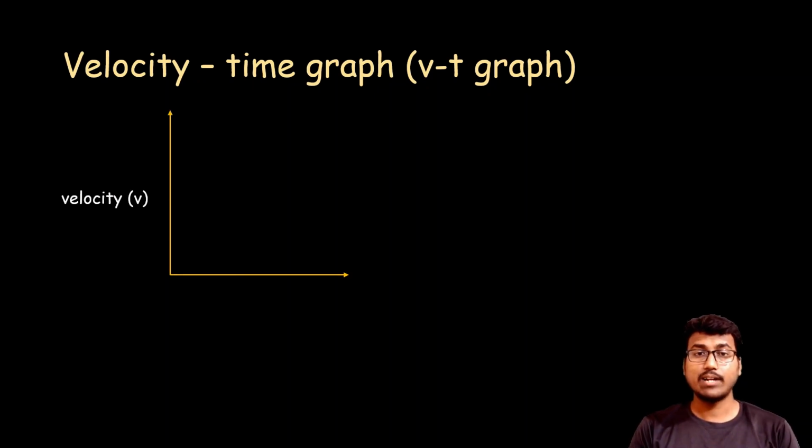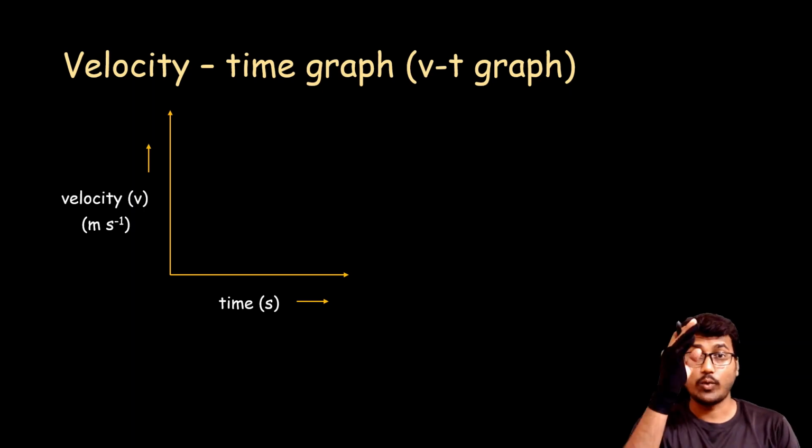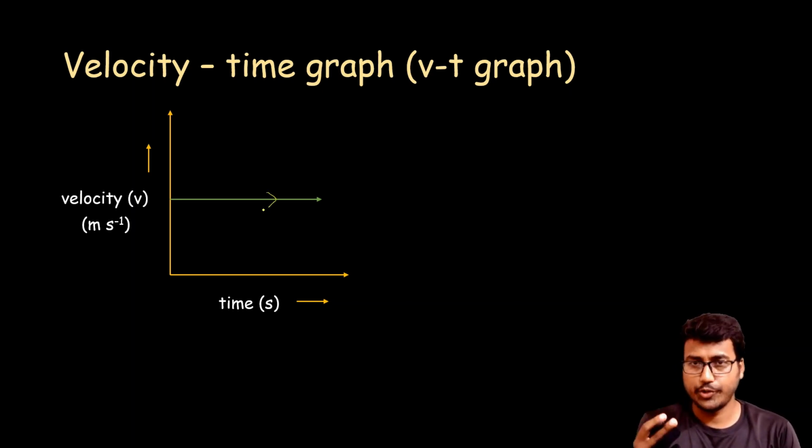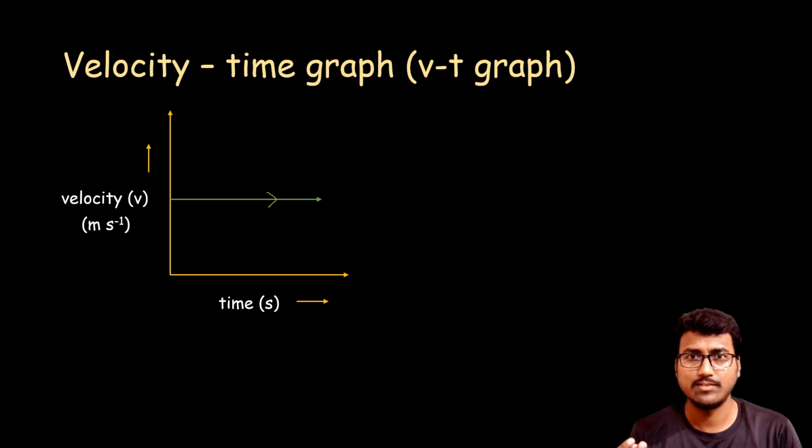Yes, velocity time graph. Here also, first condition, velocity along y-axis, time along x-axis. Here, what is constant? Let's understand from this curve, a straight line, which is green color. Is the motion uniform or non-uniform? Is there a motion or not?